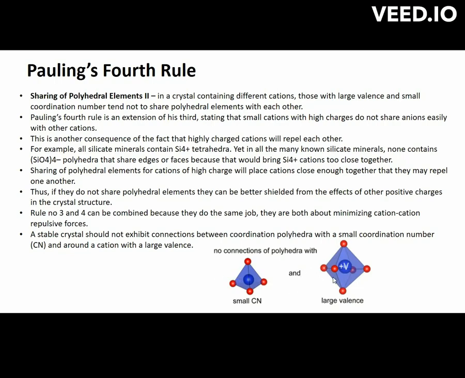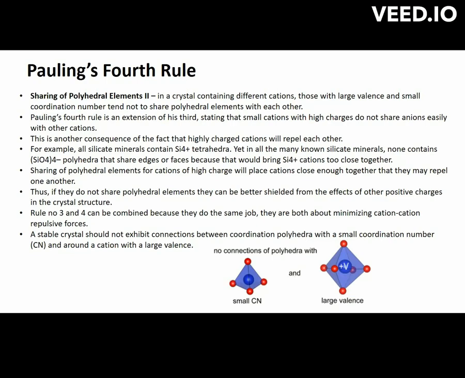All right, so they do not share anions easily with other cations. This is another consequence of the fact that highly charged cations will repel each other, which is why we said both rule number 3 and 4 can be combined, because they do the same duty.